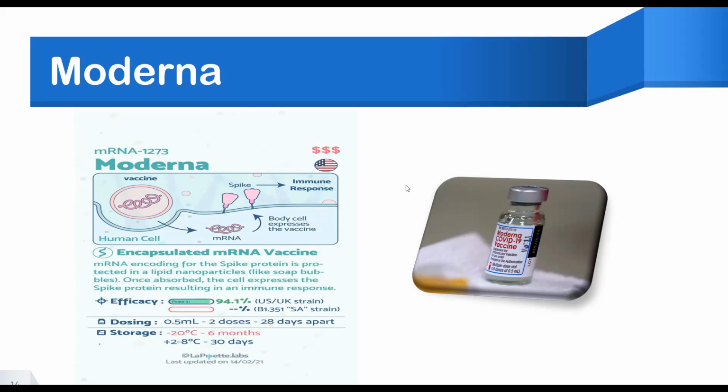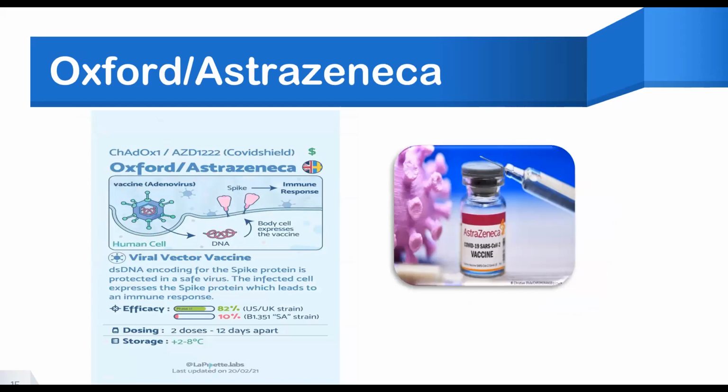Next is the viral vector. This viral vector approach takes a harmless virus to deliver instructions to the immune system. These viruses tend to elicit a stronger immune response than dead viruses or subunit vaccines.